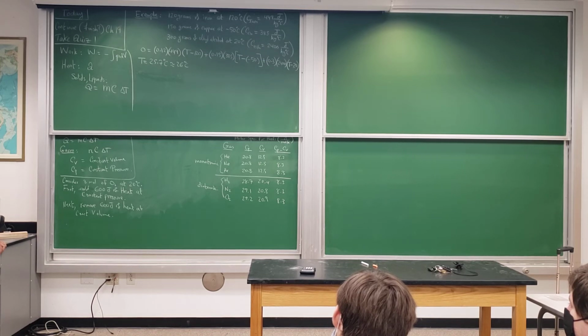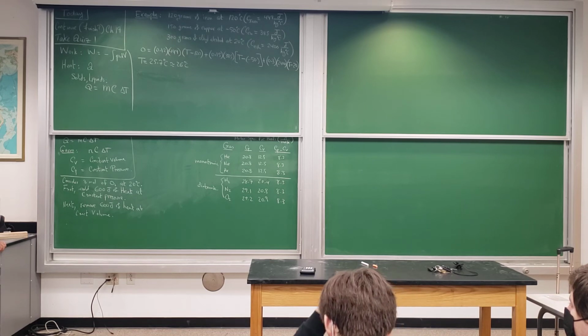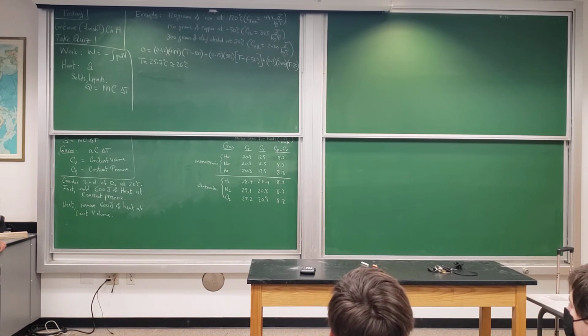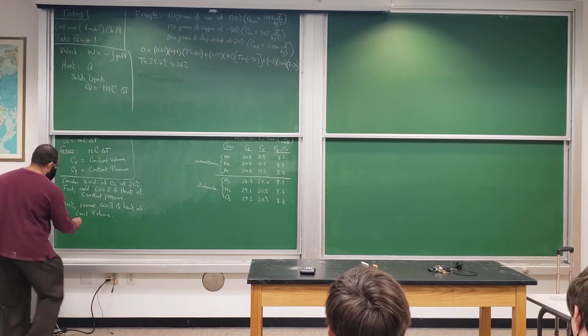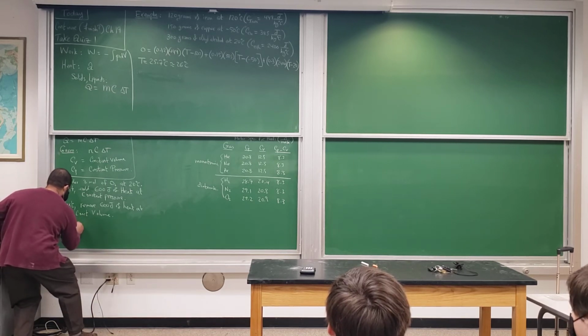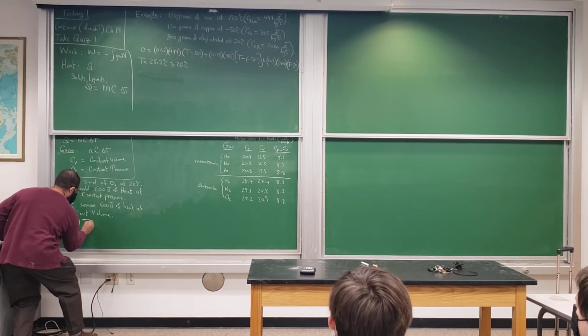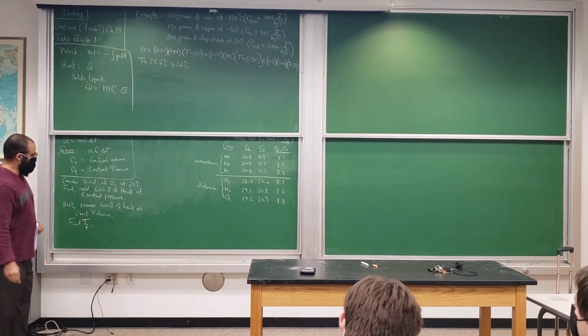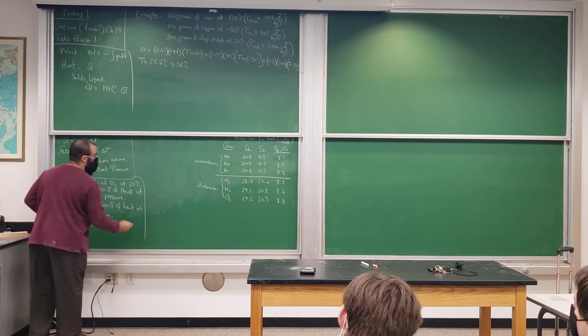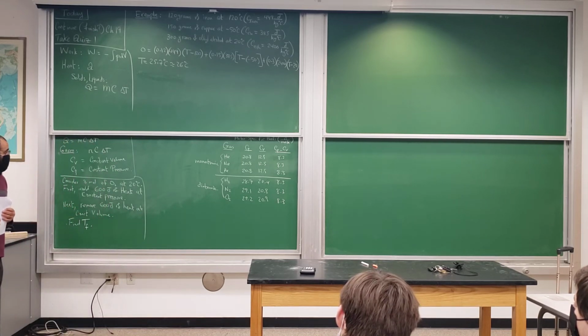Just because we put in 600 and then took out 600, it's not going to end up at the same temperature. So what's the final temperature? Find T final.